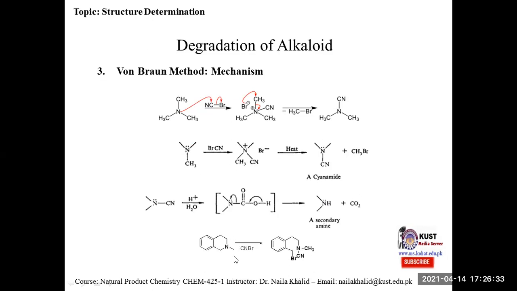Here is isoquinoline, which is one of the nuclei in alkaloids, and N-methyl substituted isoquinoline. Upon reaction with cyanogen bromide, it is converted into this one.